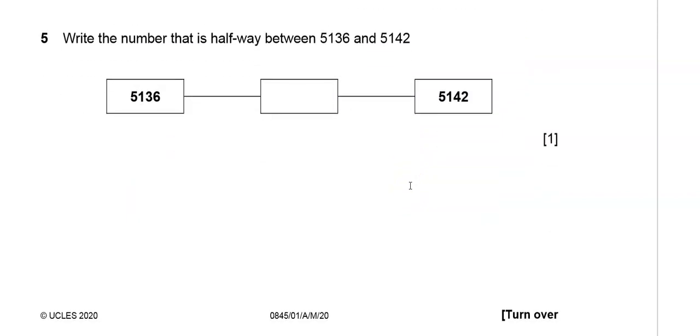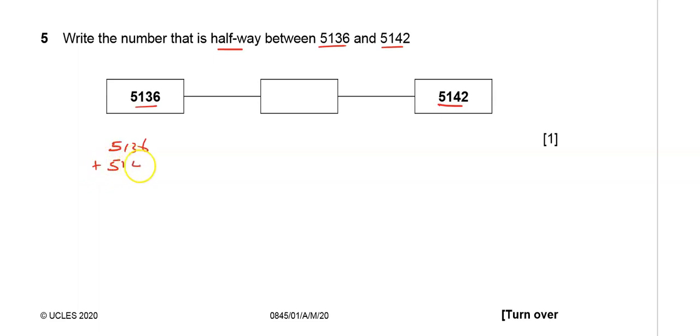Question number 5. Write the number that is halfway between these two numbers. Of course, we need to add the two numbers, 5136 and 5142, and then find the middle number.